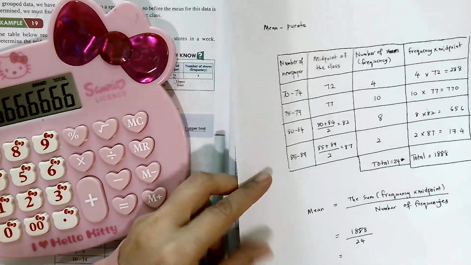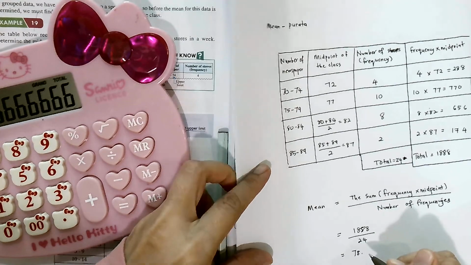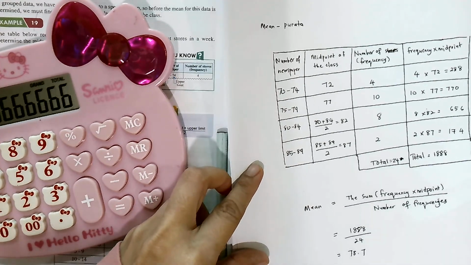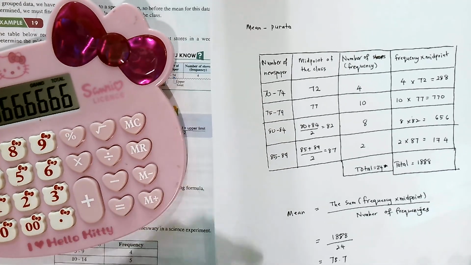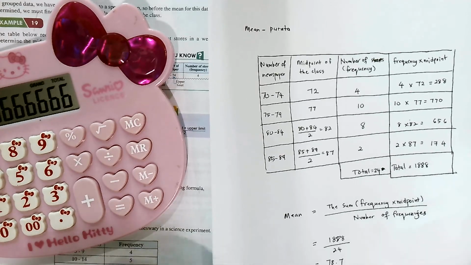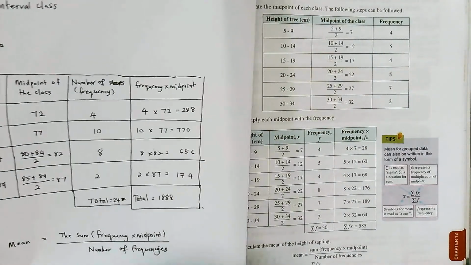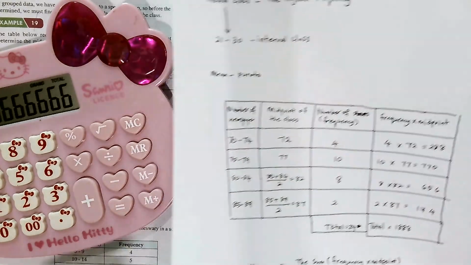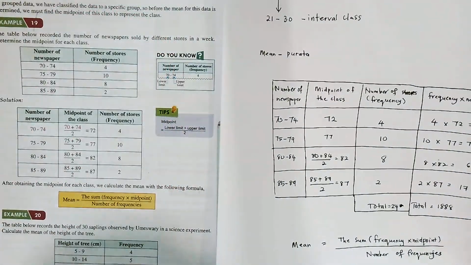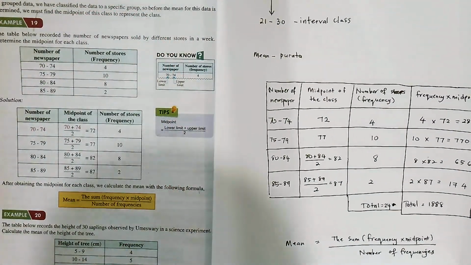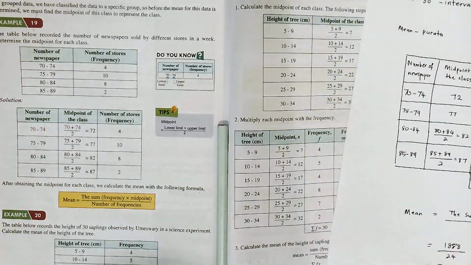Okay, so the answer is 78.7. So here's the mean for this group data. Okay, can you understand?